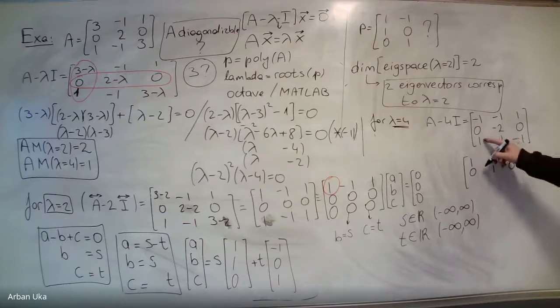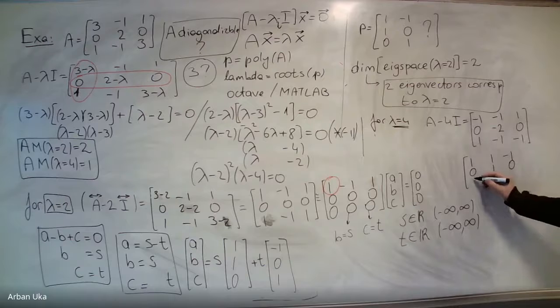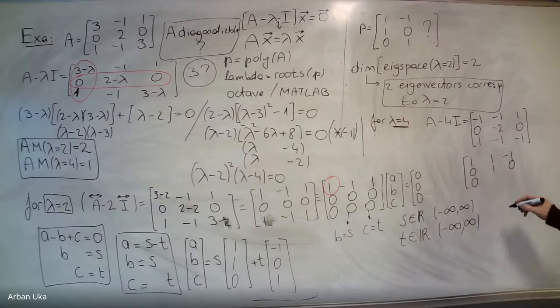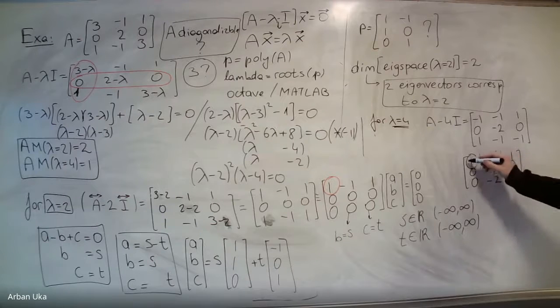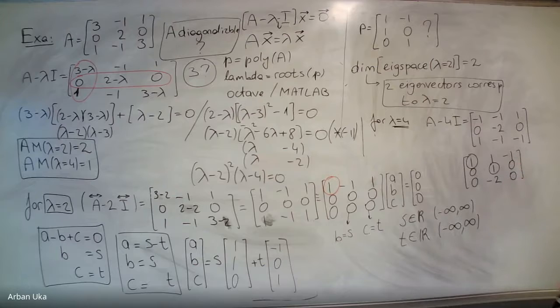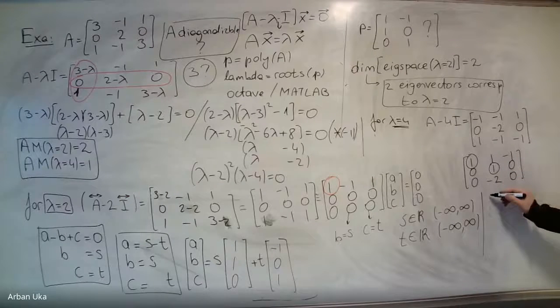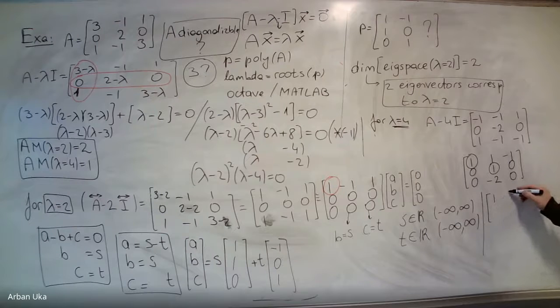If we add the first one and the third one, here we get 0, minus 2, 0. Then here we have a leading one, here we have a leading one. The reduced row echelon form can be described as 1, 0, minus 1, 0, 1, 0, 0, 0, 1. This is a 3 by 3 matrix, and we have only one free variable.